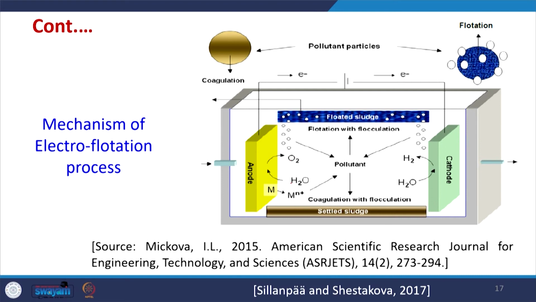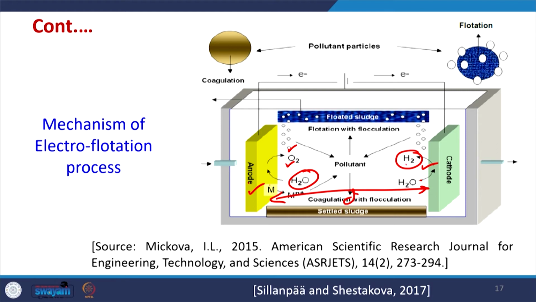We have H2O, and depending upon this metal, it may be a sacrificial anode or a stable anode. H2O is getting converted into oxygen. So, we have oxygen evolution taking place at the anode, and hydrogen evolution taking place at the cathode, depending upon the gap in between. This gap is much lower as compared to what is shown in this figure.